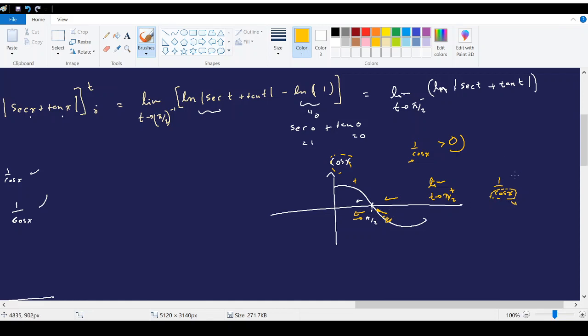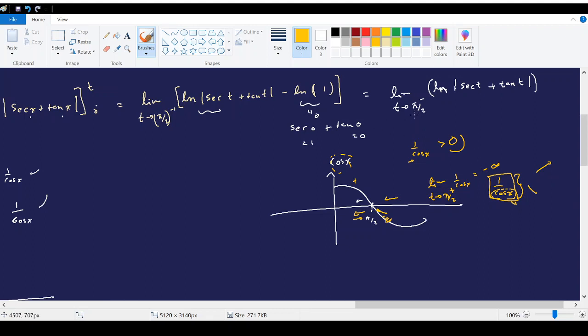In other words, this whole thing will go to a very large negative number. Now if we just disregard the positive or the negative nature, this whole thing will become a very large number because the denominator is being decreased. But since the denominator is negative, the total result will be negatively a very large number. So altogether, if we consider the right hand limit of 1 over cos x, or in other words the right hand limit of secant x, it will be negative infinity, not positive infinity.